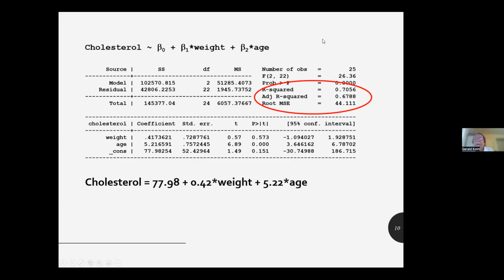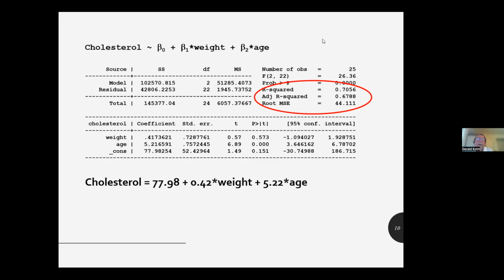So now this is where we can determine whether adding weight to our regression equation really adds anything or helps us better predict cholesterol. You can see that the R squared is essentially the same as before with just age. It's about 70%. It's a little higher, but not that much.